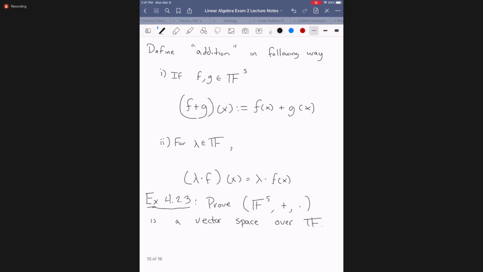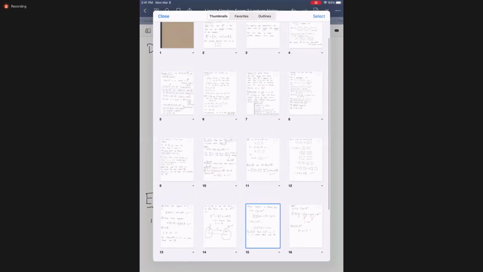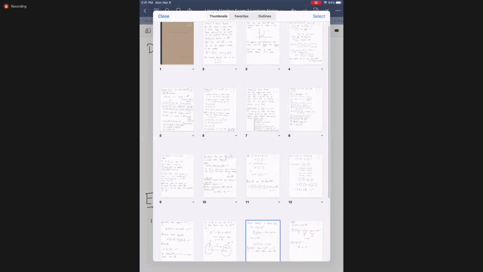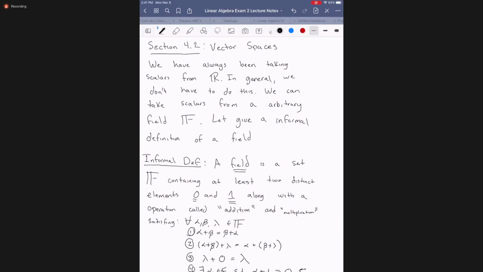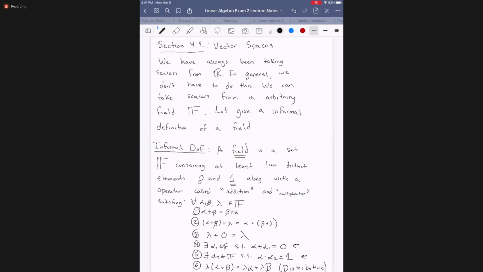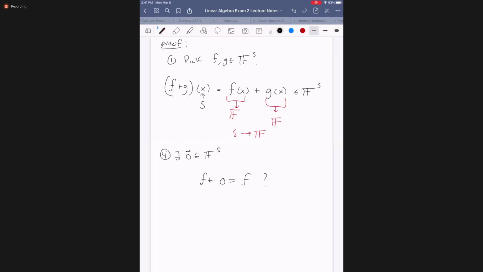If you look over here, remember how I gave this informal definition of a field, and I told you that this thing always has to carry a 0 in it? This is the same technique that we're going to use for the continuous function case. In this case, it's yes.